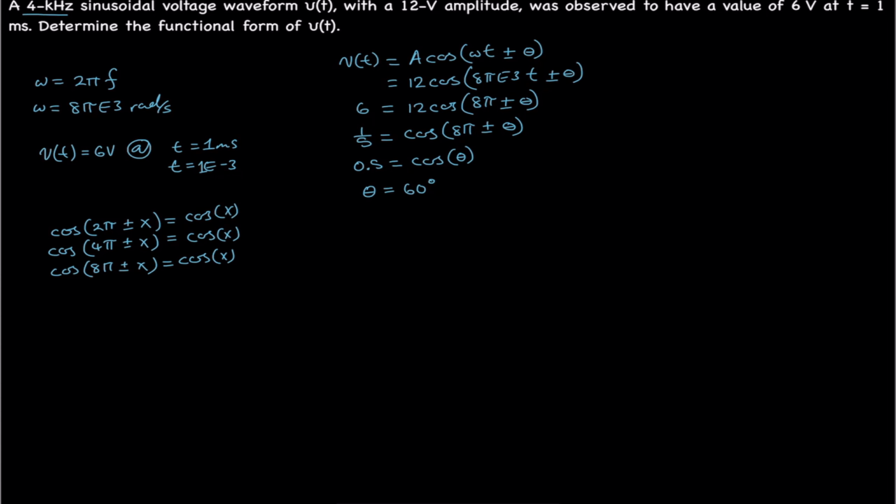So we can then go ahead and give the functional form with an amplitude of 12 cosine, we know that's 8 pi times t, and our angle is positive 60 degrees, and that is equal to v of t.